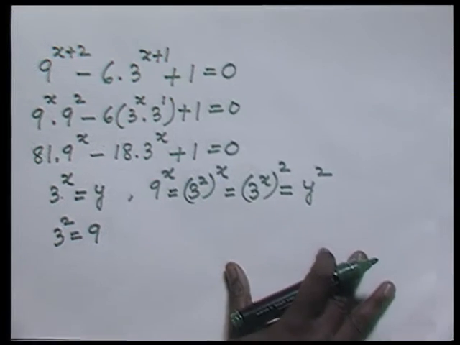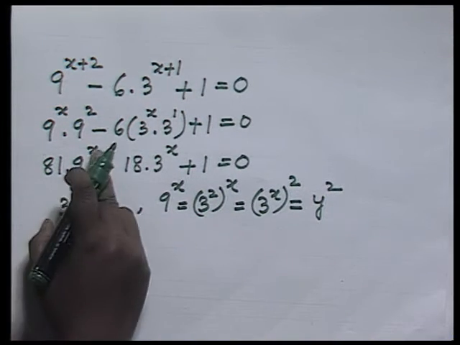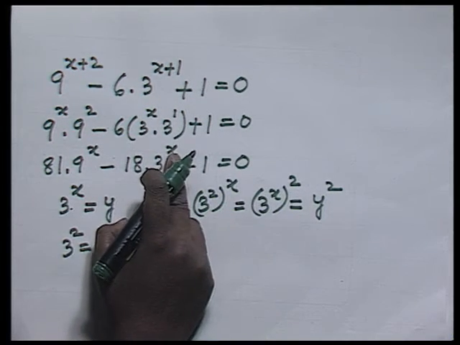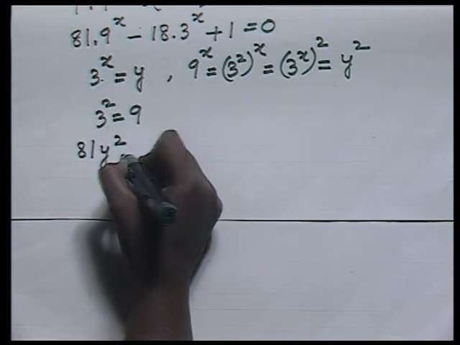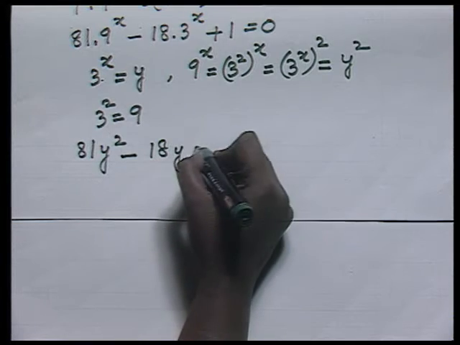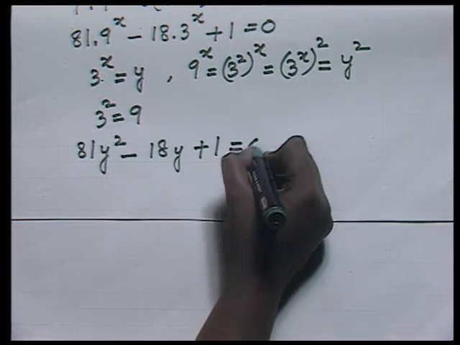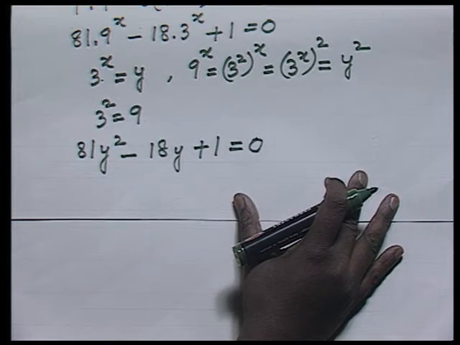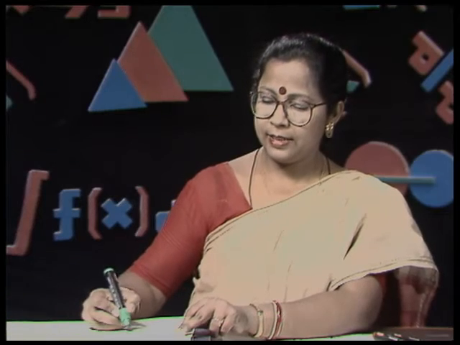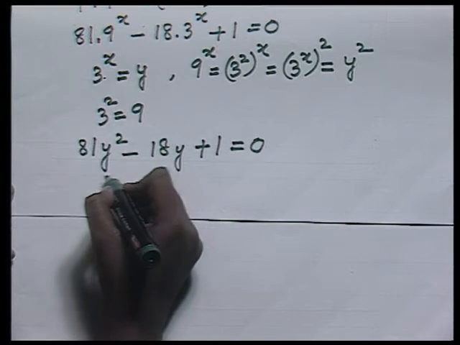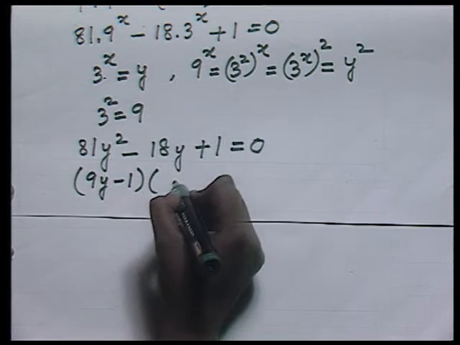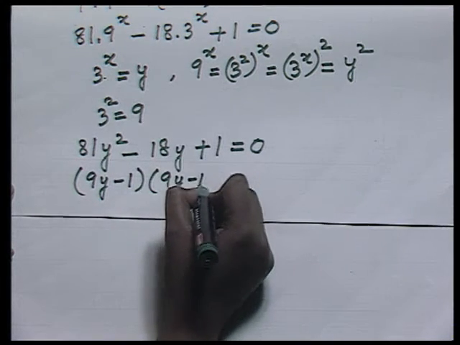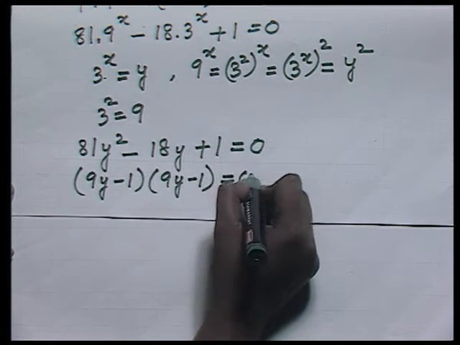So, replacing 9 raised to the power x as y square and 3 raised to the power x as y, we get the equation as 81 y square minus 18 y plus 1 equal to 0. Now, the factors of this equation will be 9y minus 1 again multiplied by 9y minus 1 equal to 0.